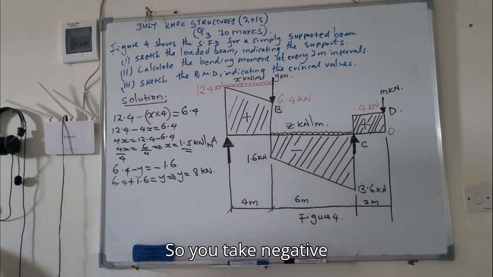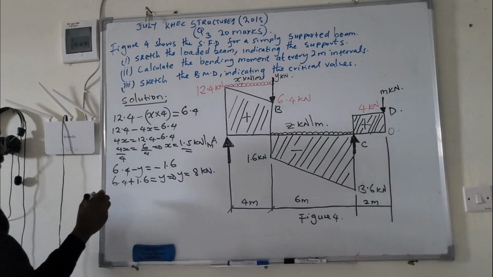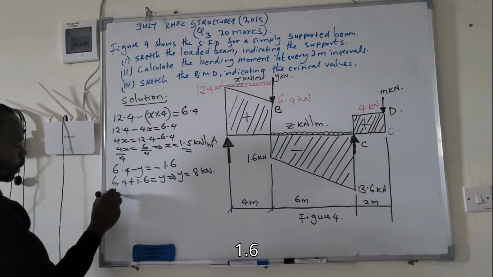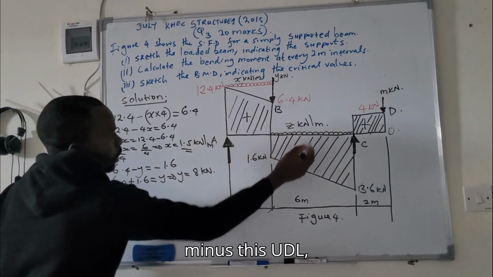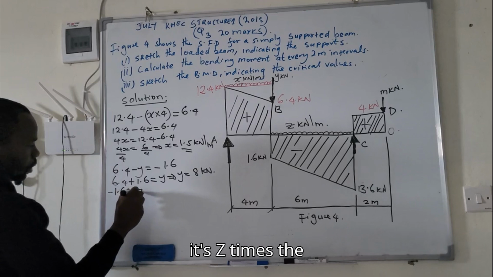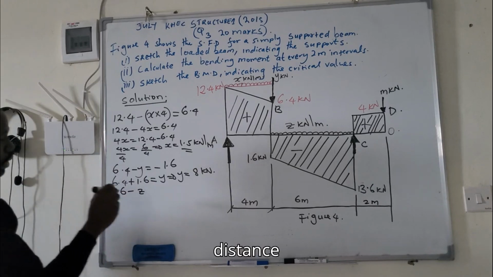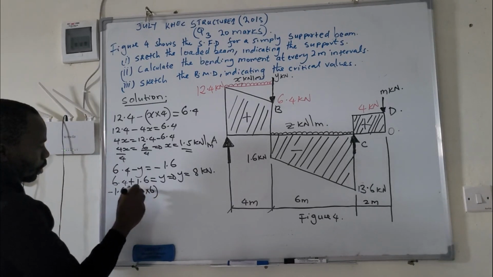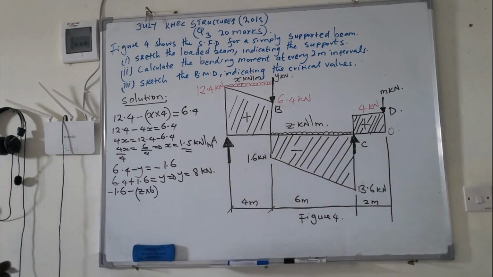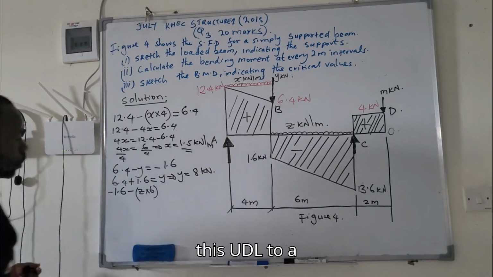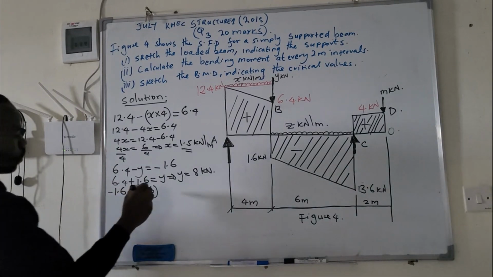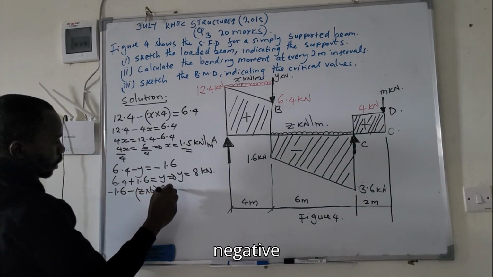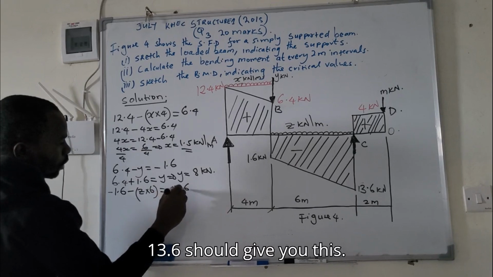Again, we have a UDL from here to here. So you take negative 1.6 minus this UDL, which is Z, times the distance, because you are changing this UDL to a point load. It should give you negative 13.6.